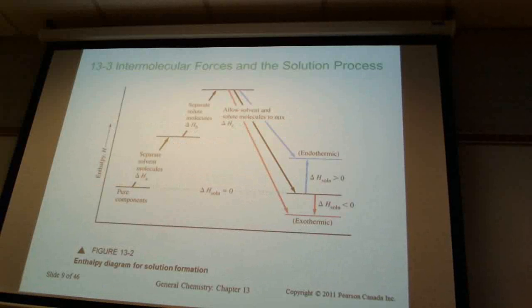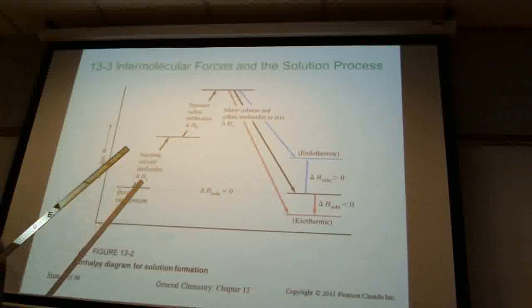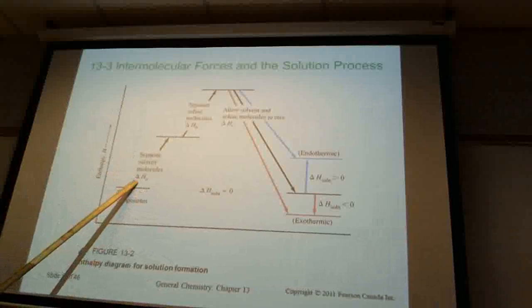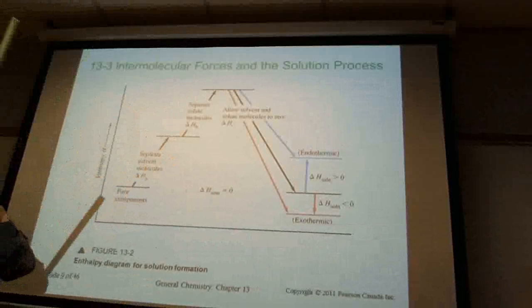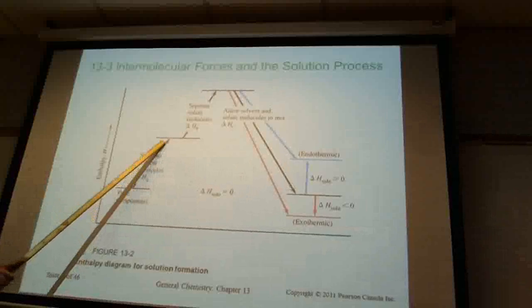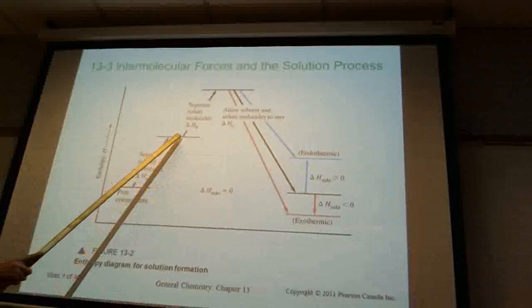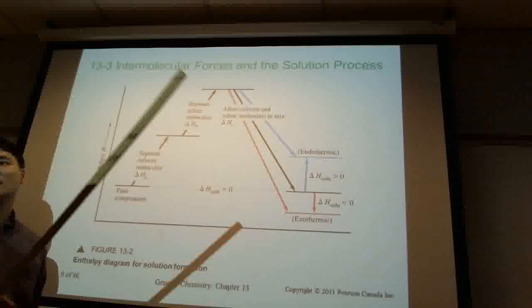This is called the solution process, the energetics of making a solution. When we make a solution, you have to break apart the solvent molecules to make room for the solute. And that costs energy. That's endothermic. So we break solvent molecules apart. We have to break solute molecules apart to get them to dissolve.